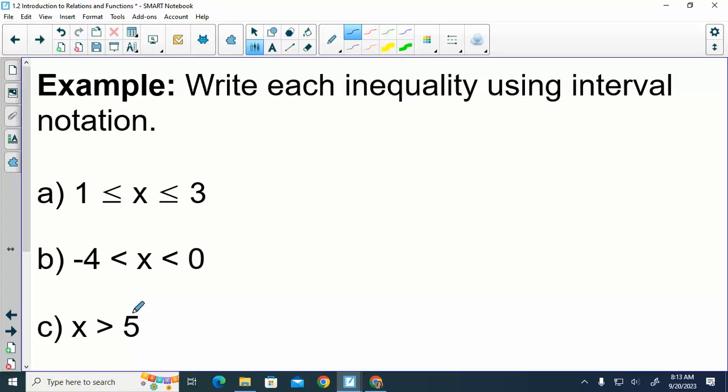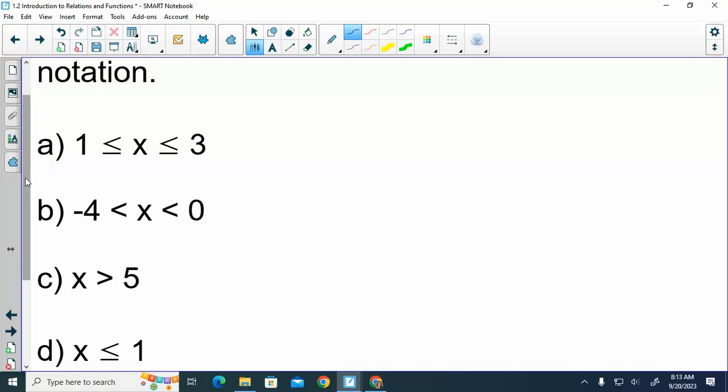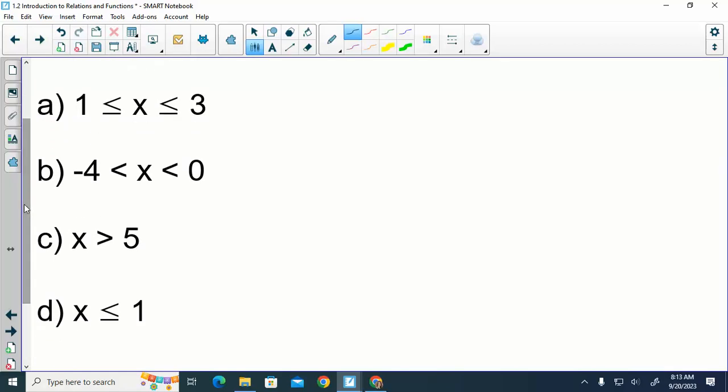So the first thing I want to practice is if I give you the inequality, can we write the interval that matches it? Especially at the beginning, it's sometimes helpful for people to draw a graph. That's not required, that's just if it makes more sense to you. If you're looking at it, this says 1 is less than or equal to x is less than or equal to 3.